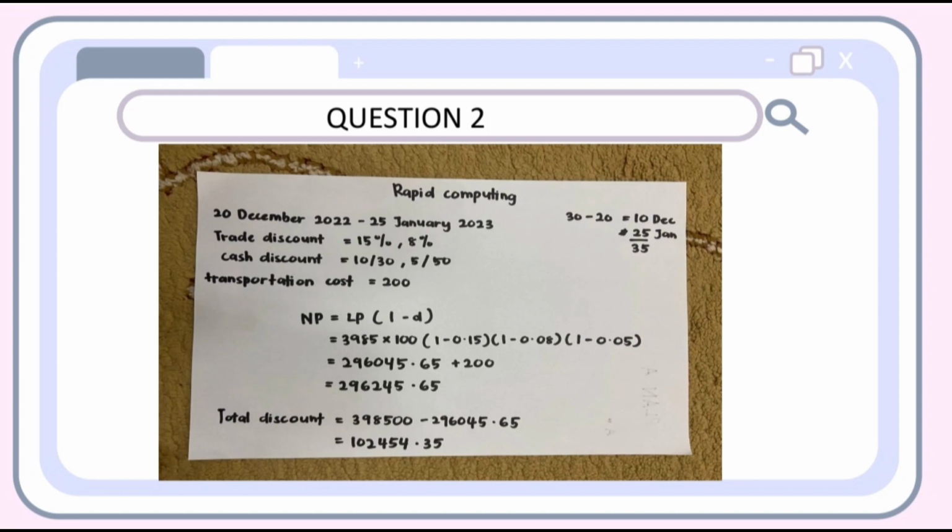So the net price we get is 296,245 ringgit 65 cent. Lastly, for total discount, 398,500 minus 296,245 ringgit 65 cent, we will get 102,254 ringgit 35 cent.